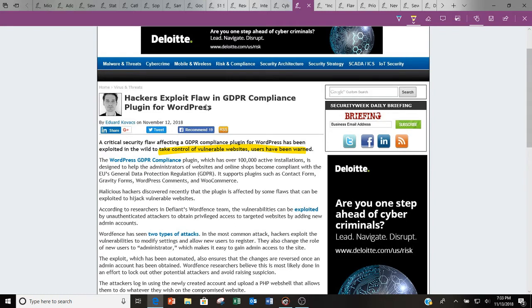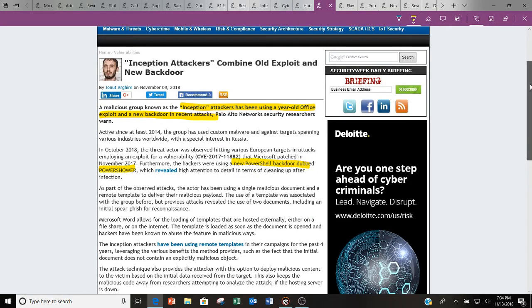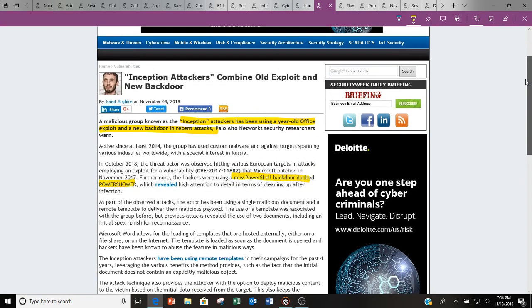Basically WordPress has a snap-in to review your website to make sure it's GDPR compliant. Well, that makes that particular website vulnerable. So the point being is, if you've got WordPress or your internet service provider uses it, they need to be patching it within a short period of time.